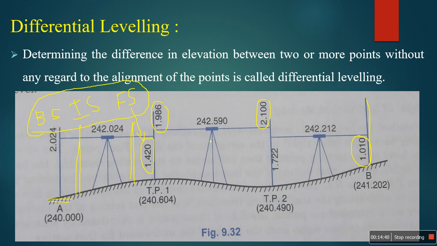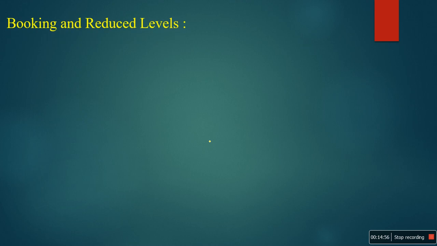They give it in the same line, so you have to find out which readings come under BS, IS and FS. I will explain here.